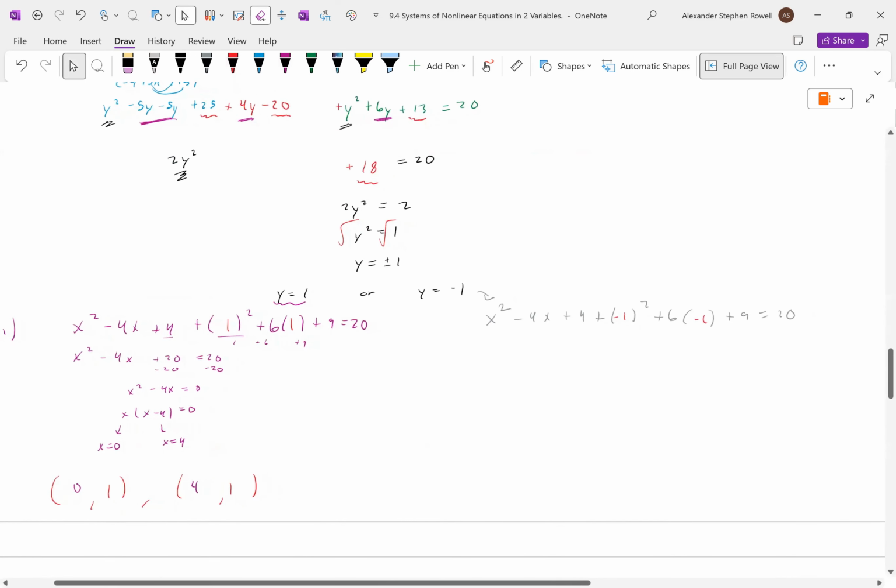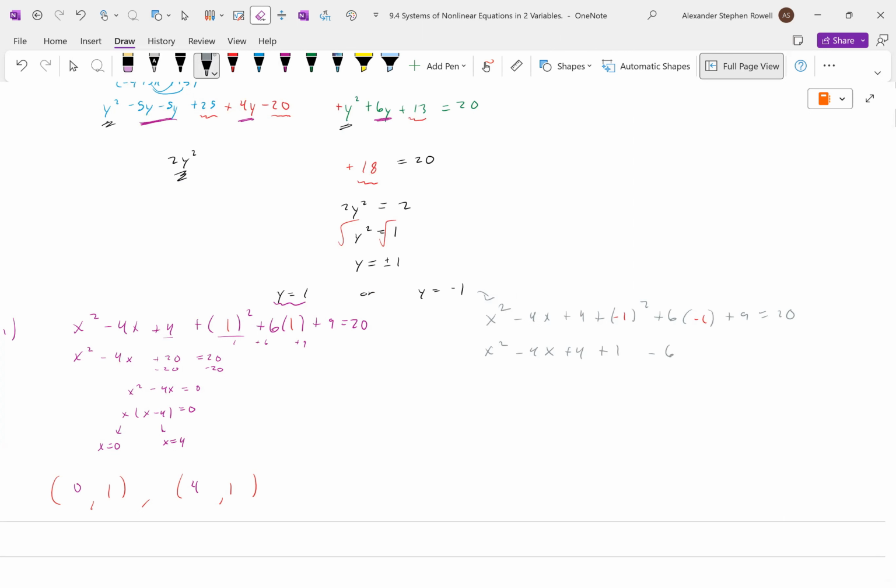Any questions about that? Okay, so x squared minus 4x plus 4. If we plug in -1, I get plus 1 minus 6 plus 9 is equal to 20. So this corresponds to, is that 8? Okay, so subtract 20. X squared minus 4x minus 12 is equal to 0.